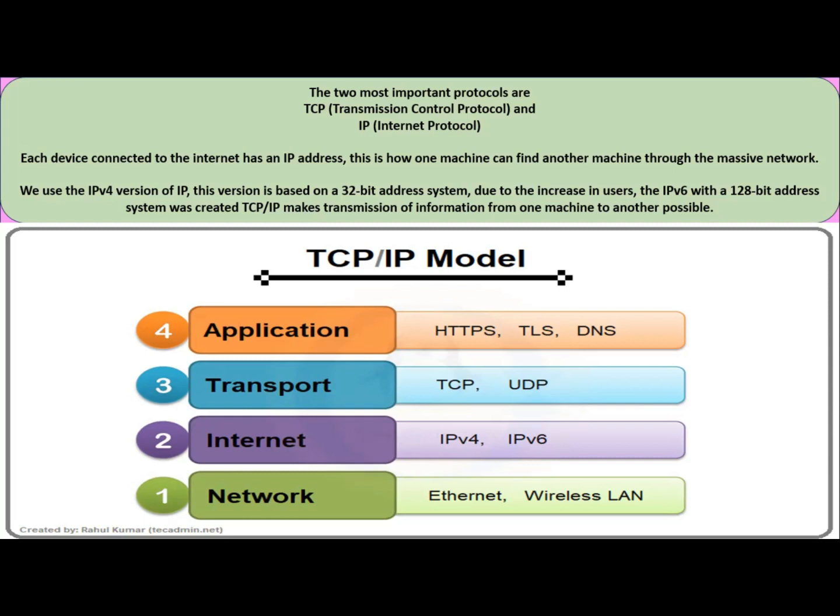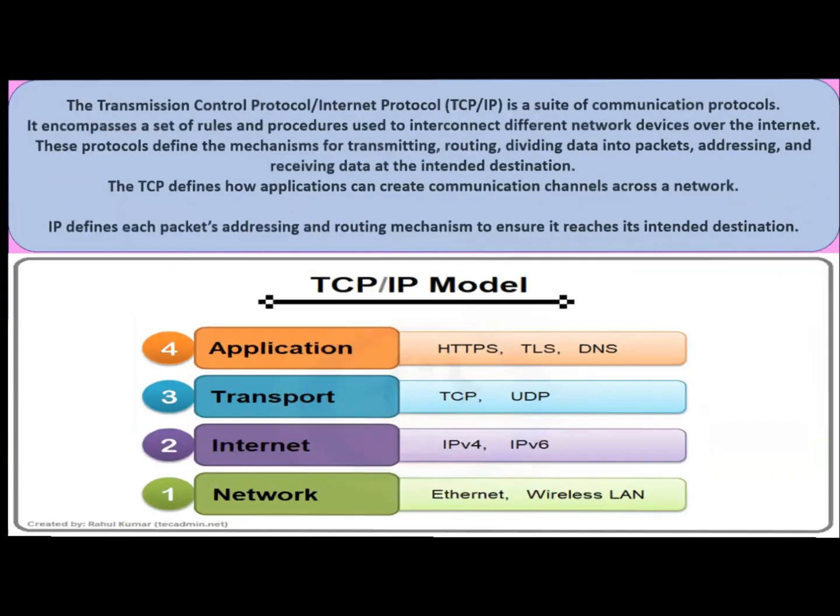When you hit the DNS, then you can fetch information from that server. So we have the transport layer, TCP and UDP, the internet layer, IPv4 and IPv6. Then we also have the networks: Ethernet, wireless, and LAN.